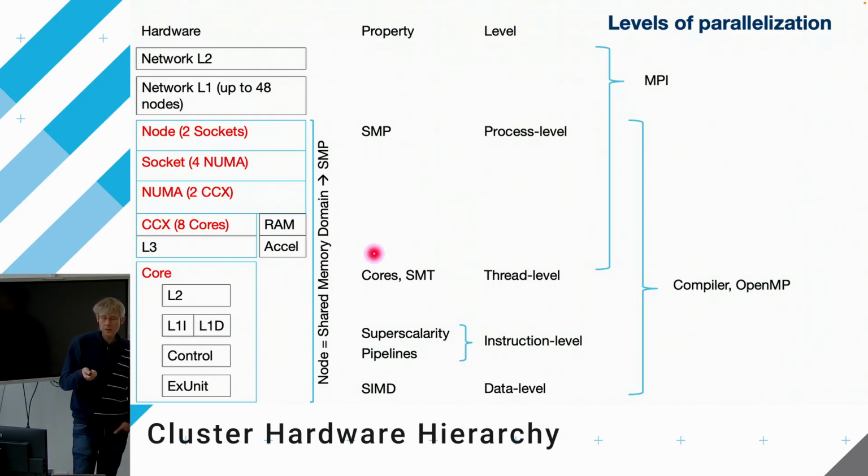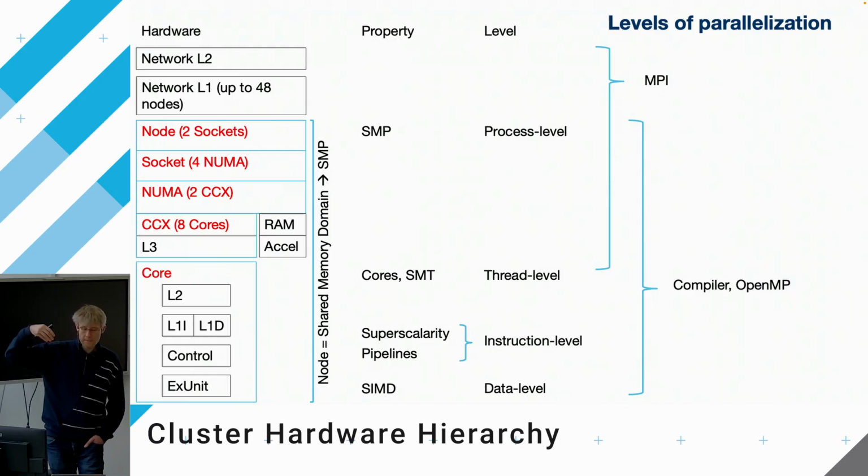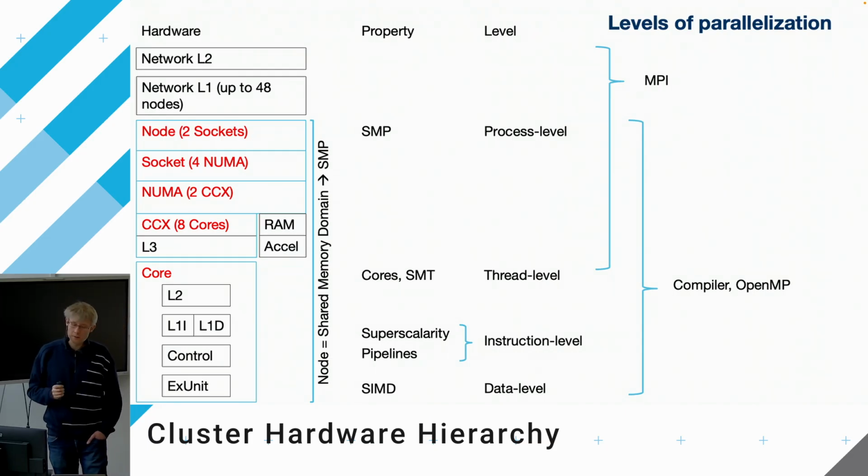Then we have the thread level with multiple cores, so you can parallelize your program to split your calculation into multiple cores. And this also depends on support of the compiler or your language, because then you need to think about how these threads exchange the information on one compute node.